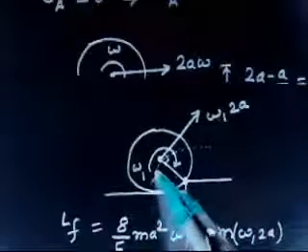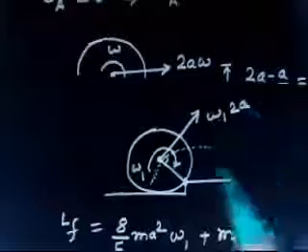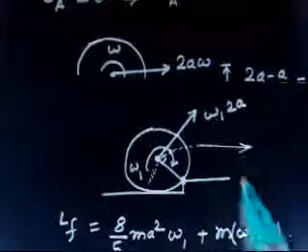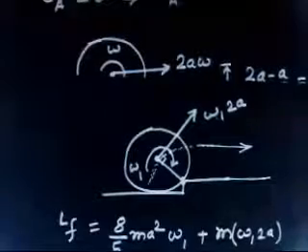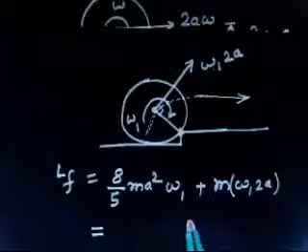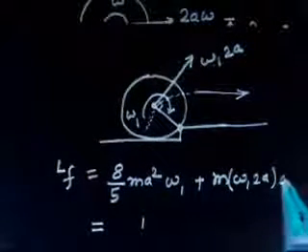So the velocity at each point will be perpendicular to the radius, tangent to this circular path. When it reaches here, the velocity becomes parallel to this line. Are you getting or not? So this time L finally will have 8 by 5 plus 2, so 10 plus 8, 18, and this is omega 1 also.